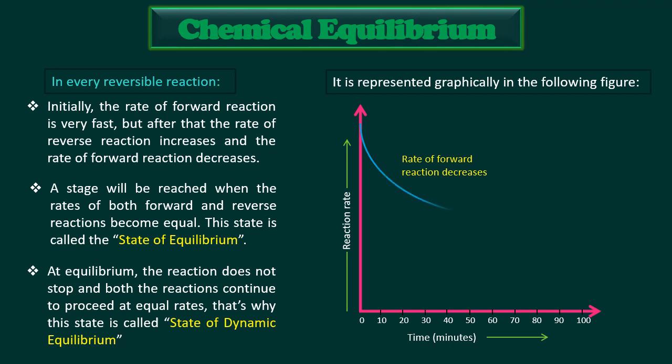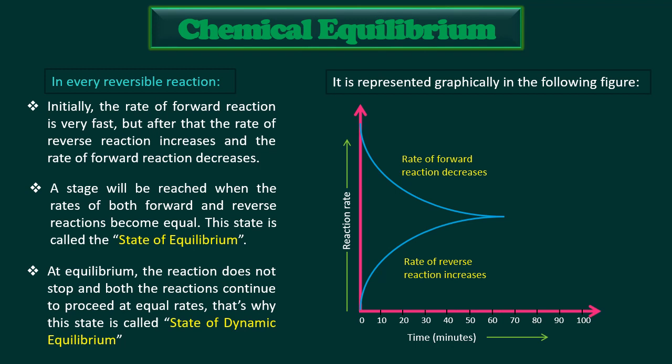Note that the curve falls down with time, which indicates that the rate of forward reaction decreases with time. On the other hand, rate of reverse reaction increases with time, which is shown by this curve. Again, note that this curve rises up, showing increase in the reaction rate with time.